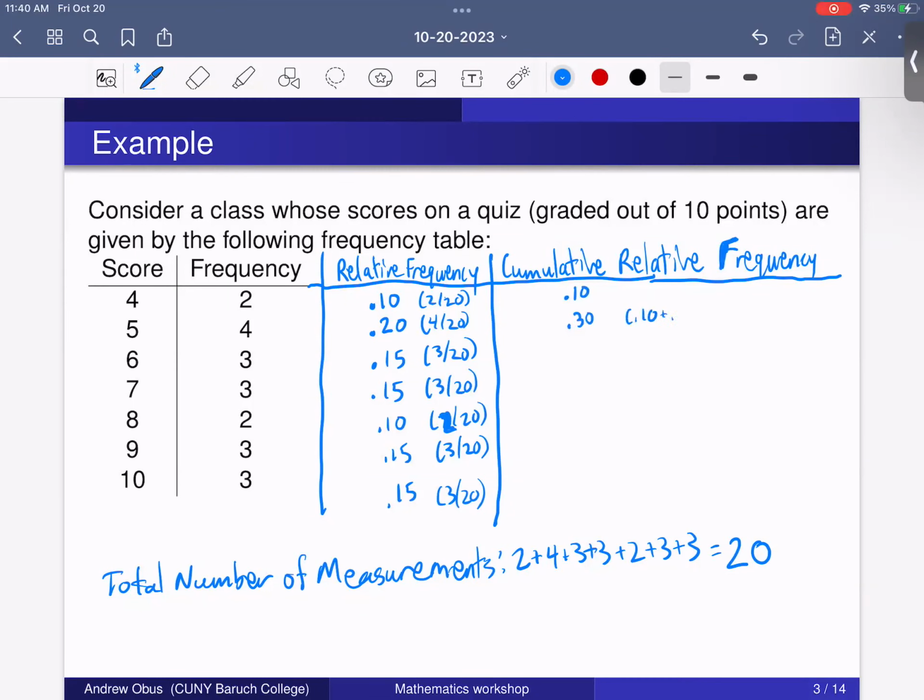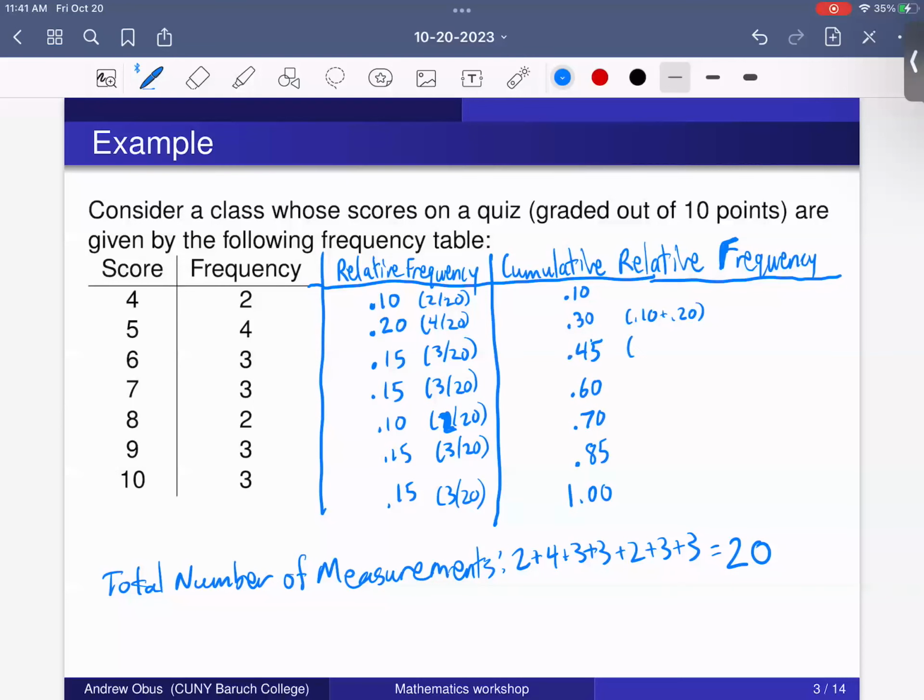We add 0.30 to 0.15. Great. And then we add 0.15, that will be 0.60. Right, exactly. And then 0.70. 0.85. That would be 1.0, exactly.